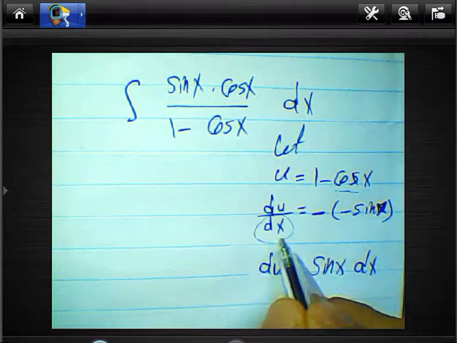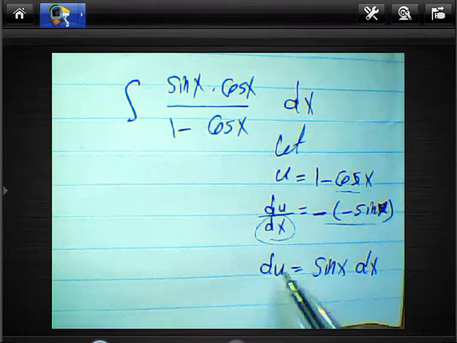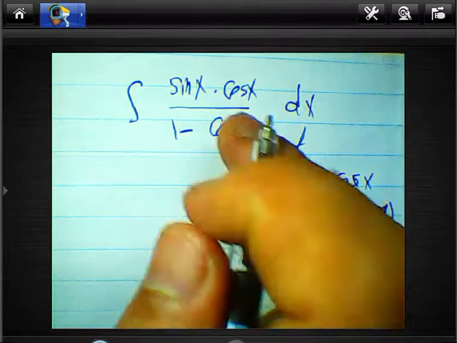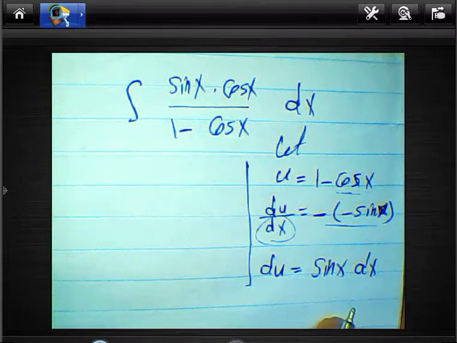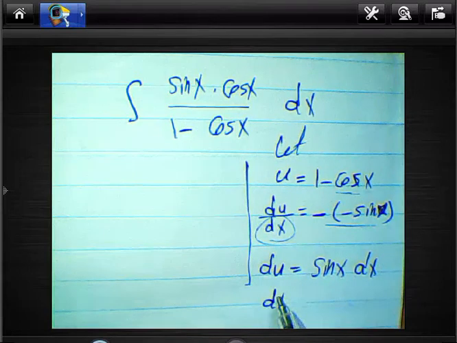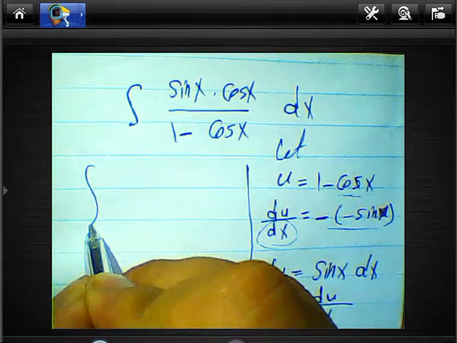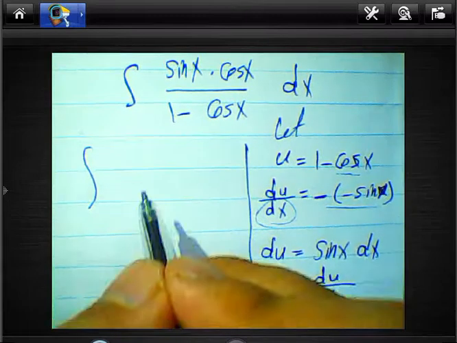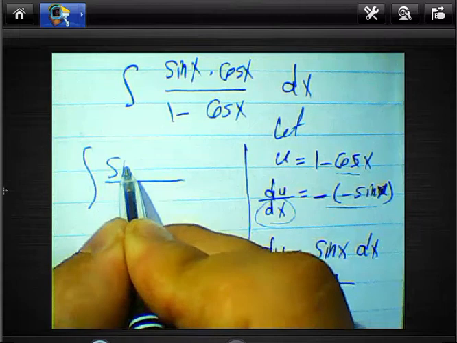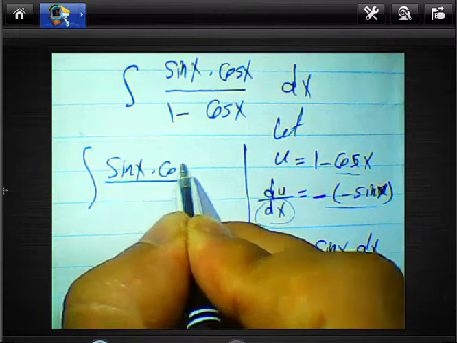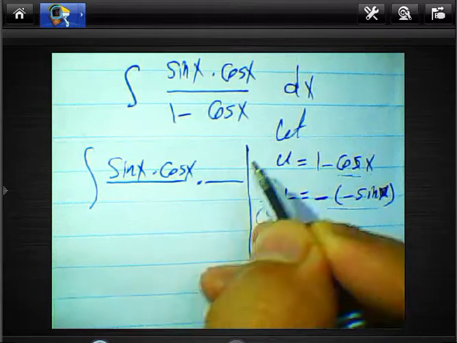Okay, what about dx? We can write dx equals du over sin x.